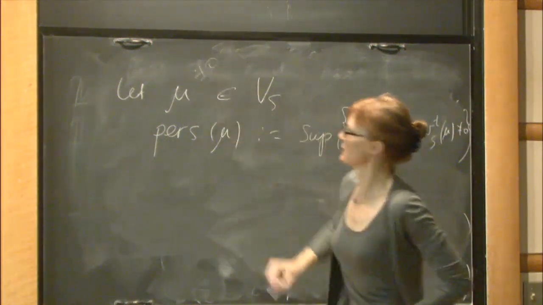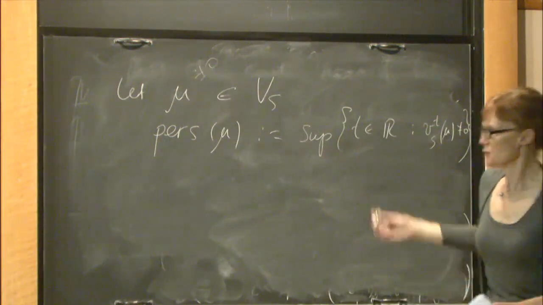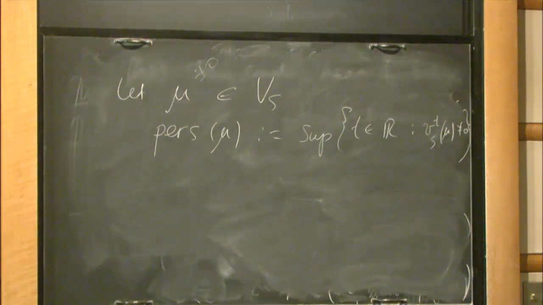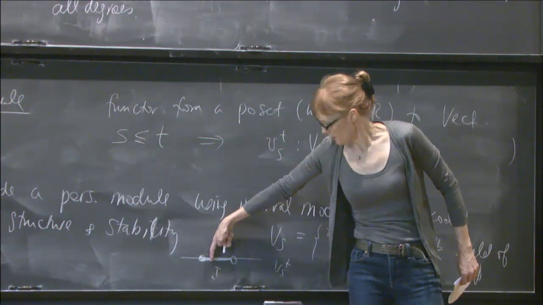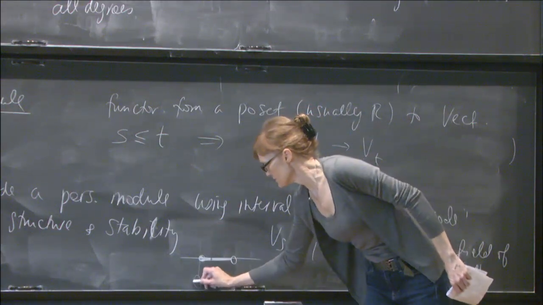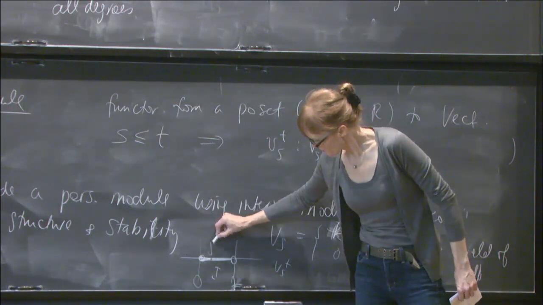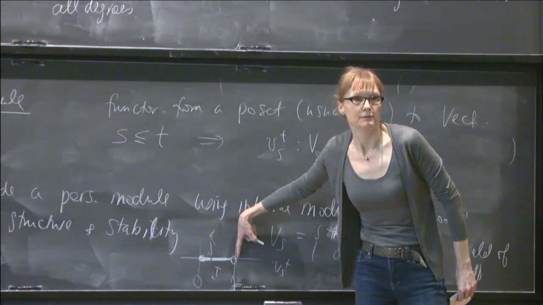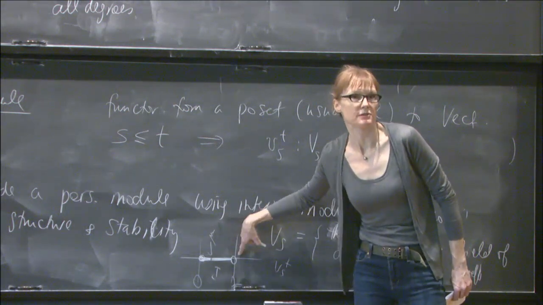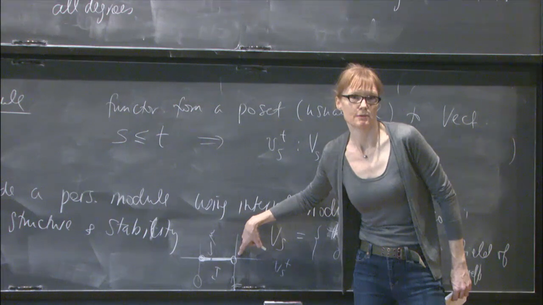So we take a non-zero element in V_S. For example, if we took mu to be a generator here, and this interval goes from 0 to 1, then its persistence would be 1. That's where it survives until under these transition maps.